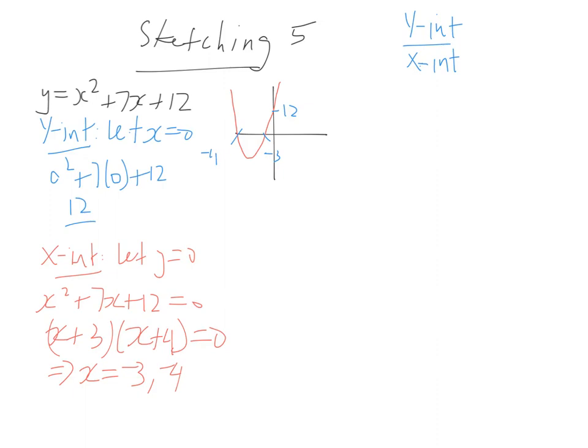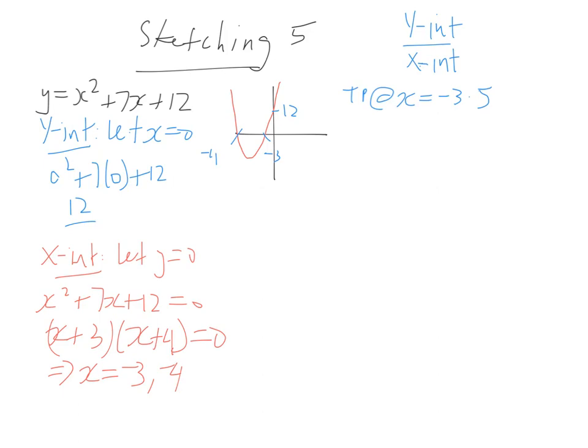So our turning point halfway between -3 and -4 is going to be -3.5. So I'll write that down. TP at x equals -3.5, and then we substitute this value into here to find out what the y value is.